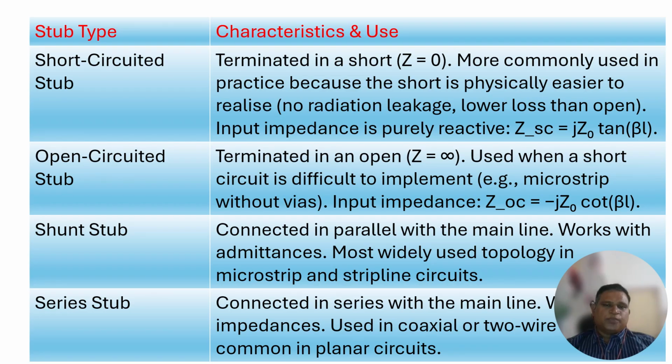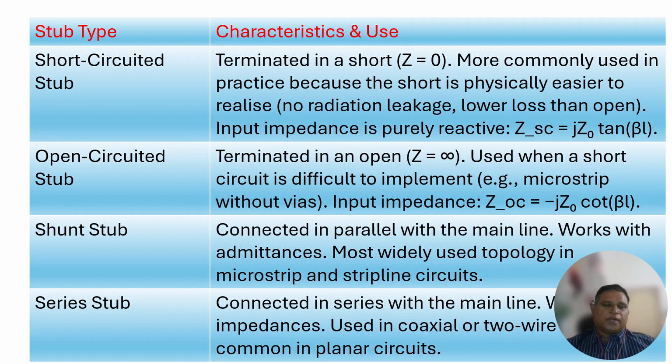The input impedance is purely reactive. Similarly, the open circuited stub is terminated in an open circuit, that is, Z is equal to infinity. It is used when a short circuit is difficult to implement, for example, microstrip without bias. The input impedance ZOC is equal to minus jZ naught cot beta L.